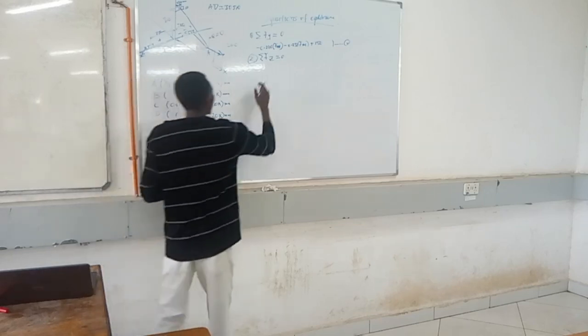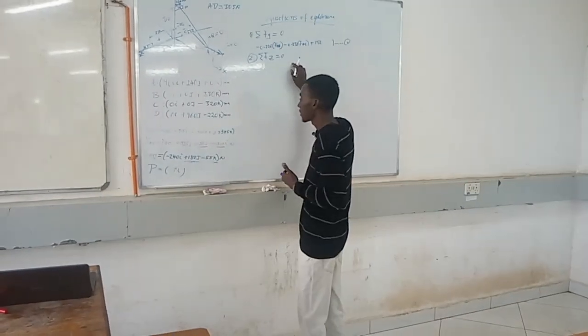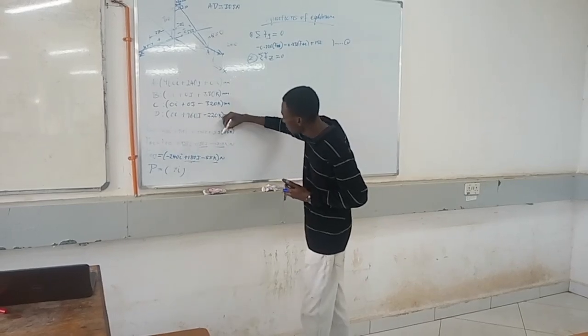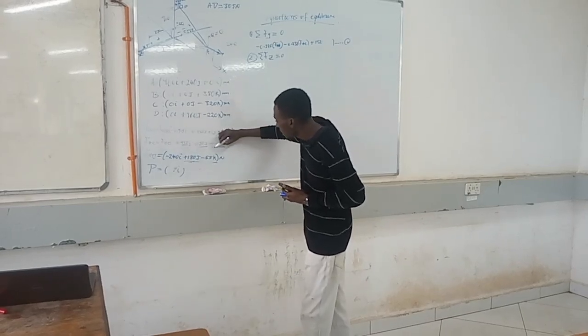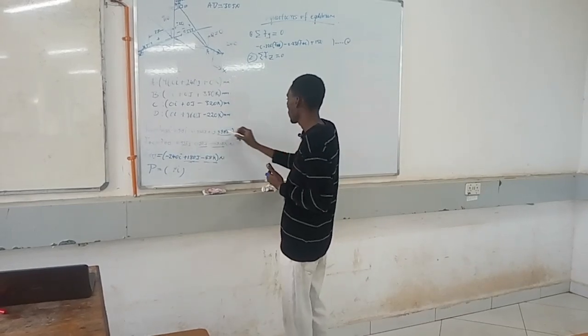So we are saying the sum of the forces in the Z is equal to 0, meaning we are going to add all the forces in the Z and equate them to 0.